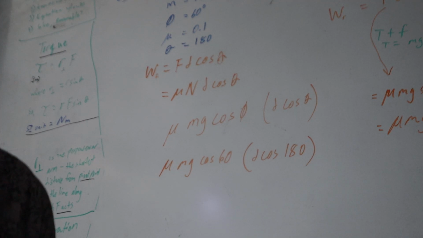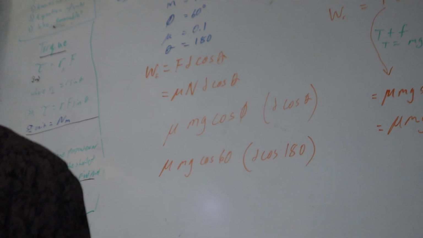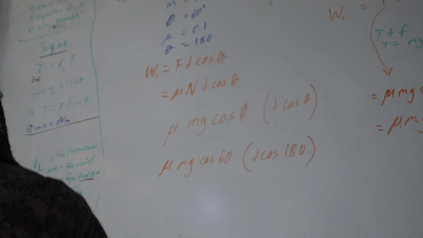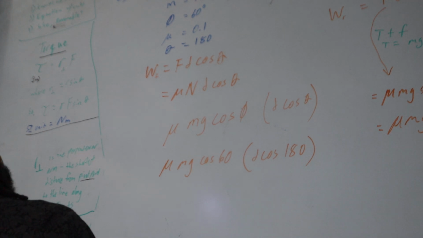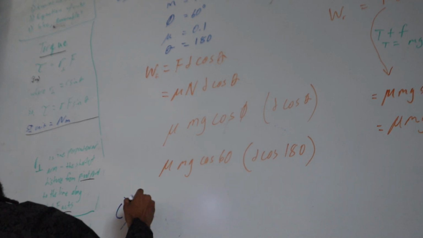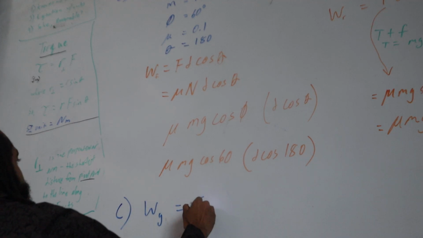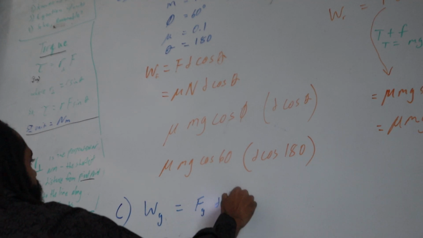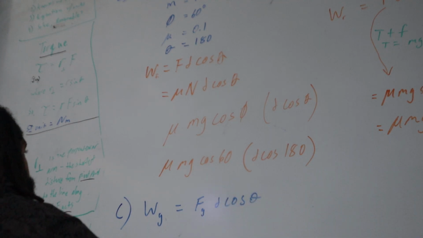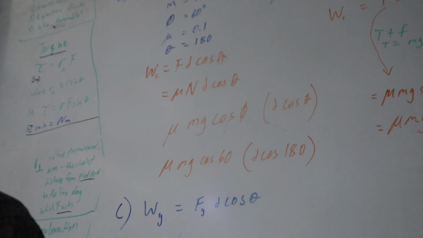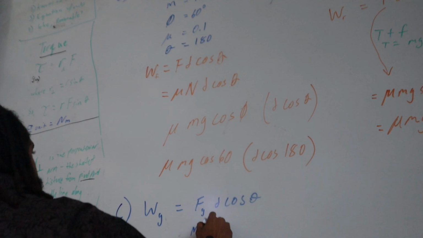The F D cosine theta. Put that down here. See. Work of gravity equals that cosine theta. Here's the force of gravity. Mg.